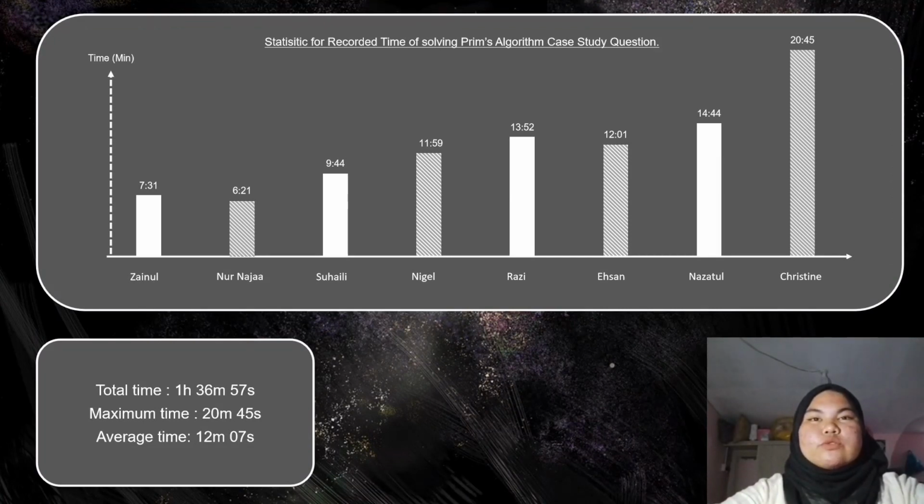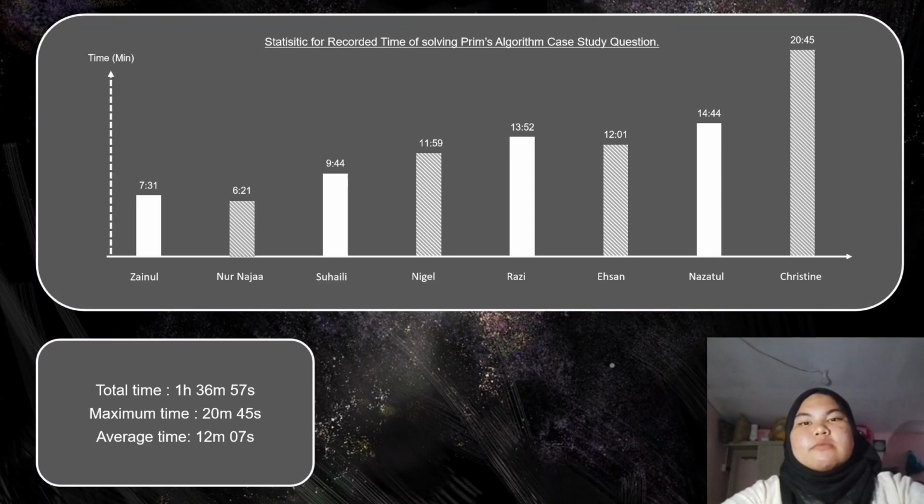Nurnaja 6.21, Suhaili 9.44, Nigel 11.59, Razi 13.52, Ehsan 12.01, Nazatul 14.44, and Christine is 20.45.